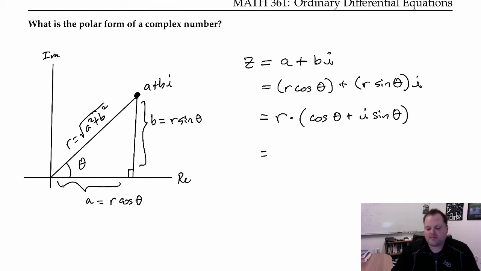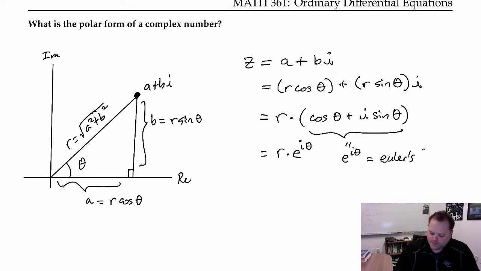And it just so happens that this value here is a very special value in mathematics. We refer to it as e to the I theta. And this is called Euler's formula.